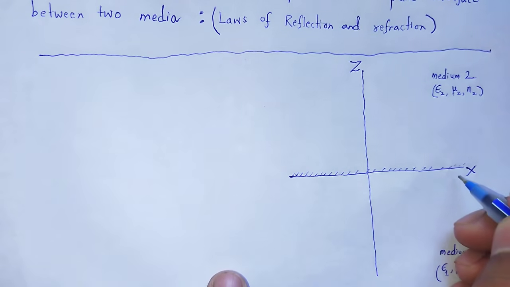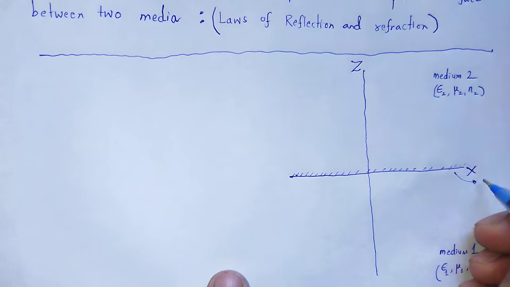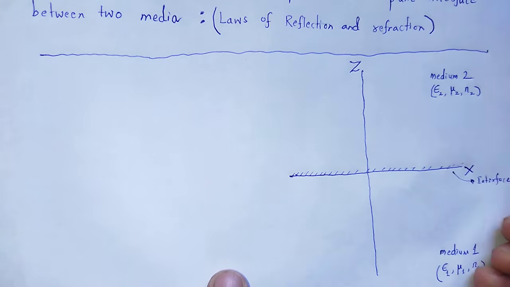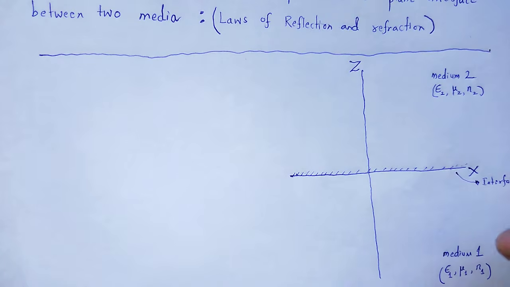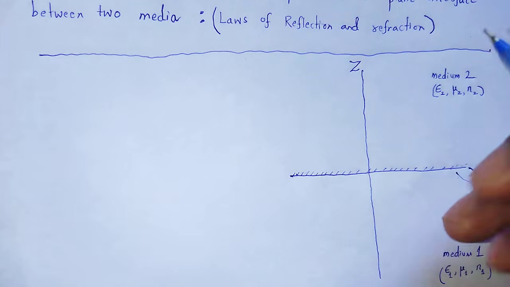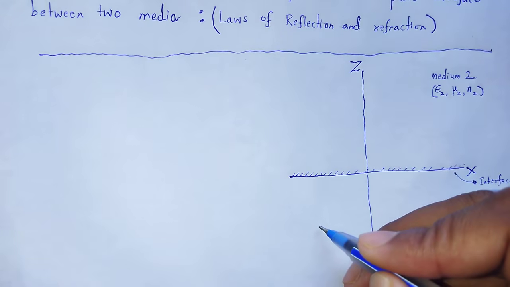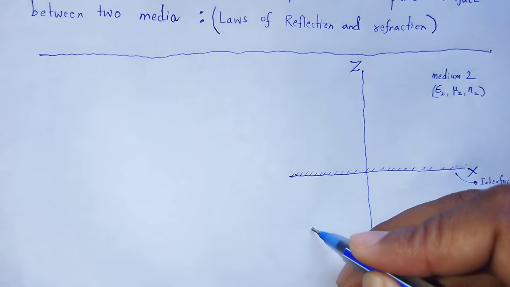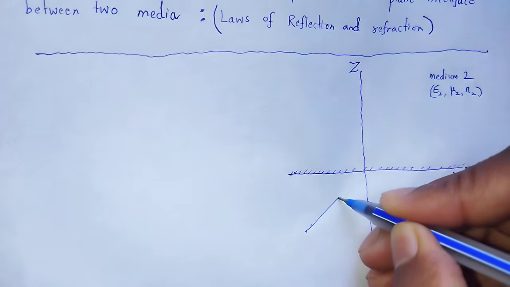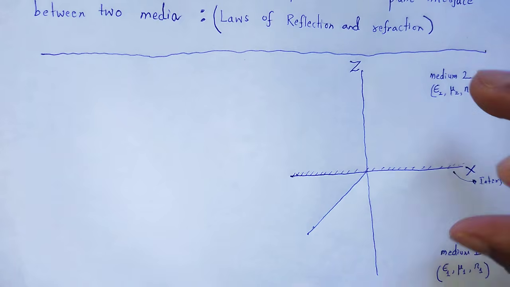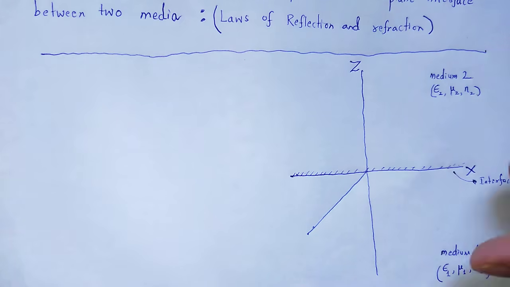This is the interface. Let us take a plane wave incident at the interface separating the two media, medium 1 and medium 2.